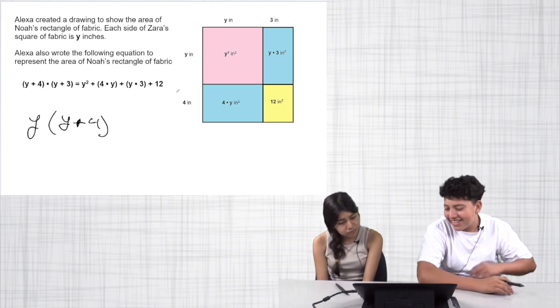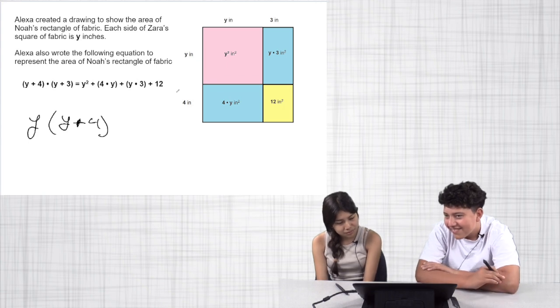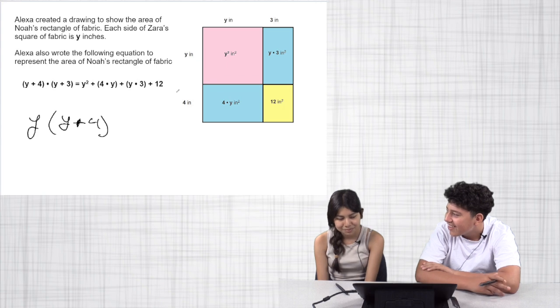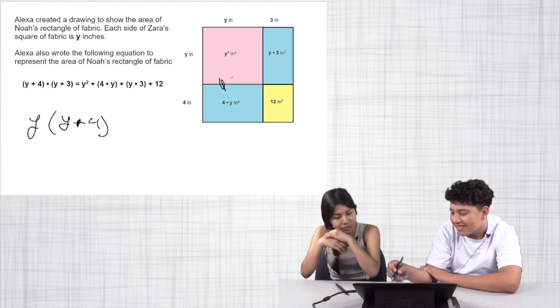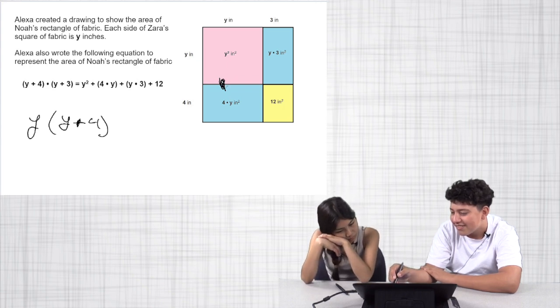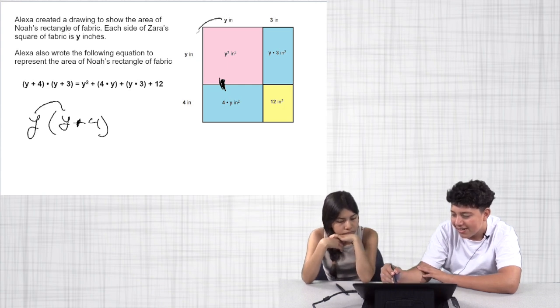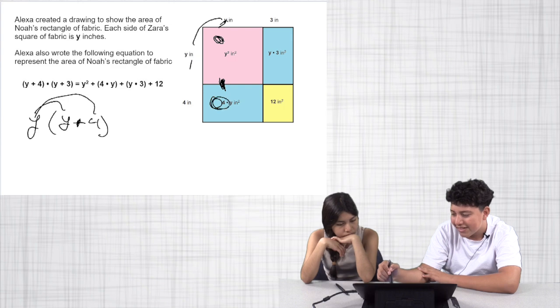What would you get if you distributed that? No, that would not even give the area. Oh, it could give you these two areas. How do you see that, Mauricio? Because y times y will give us this area. And then y times 4 will give us this area.